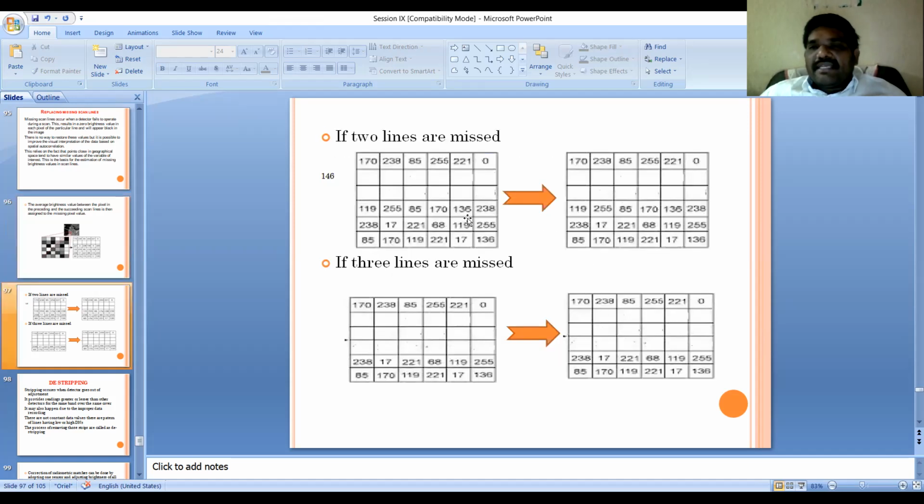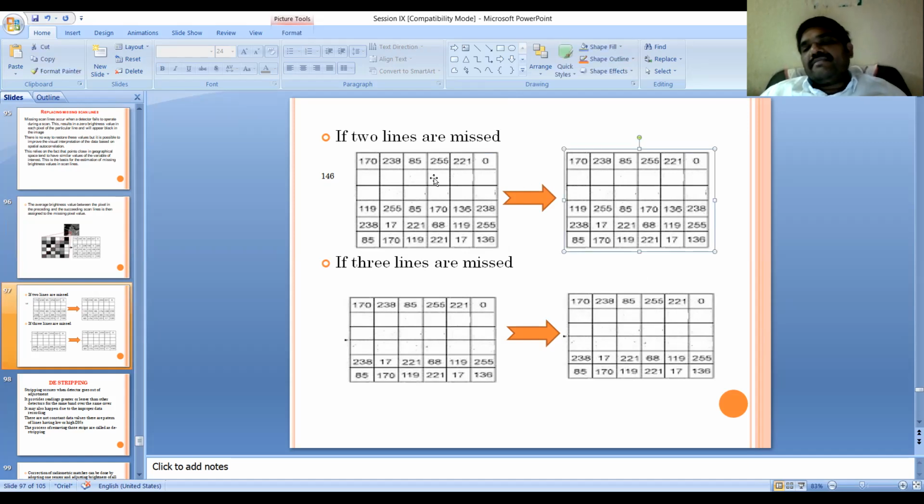If two lines are missed, in this way you need to write in your examination. Simply see here, 146 I mentioned here. Add 170 and 119, divide by 2, and whatever value you got, if it is in decimals, that number has to be depicted here.